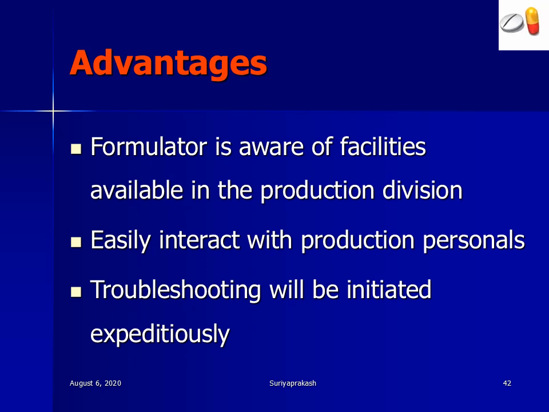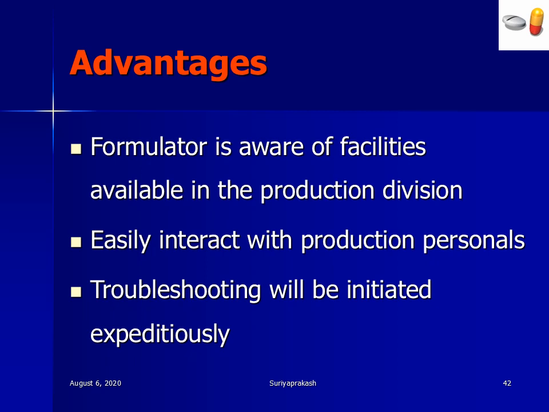The formulator is aware of the facilities available in the production division. If the production department does the pilot plant, they don't want to change to newer machines, because they are very happy with the facilities available in their department. That is a routine job. Even when a new product is coming, the ingredients will change, but the process is the same.